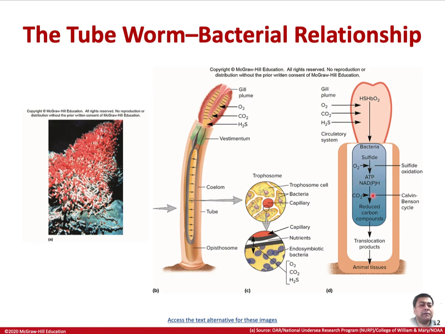With the help of the ATP and NADPH, these bacteria fix carbon dioxide with the Calvin-Benson cycle. These reduced carbon compounds are utilized by the worm, and this is their main carbon source. These products percolate into the worm, and are used in the animal tissues.